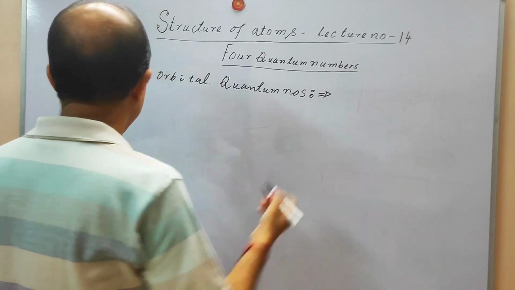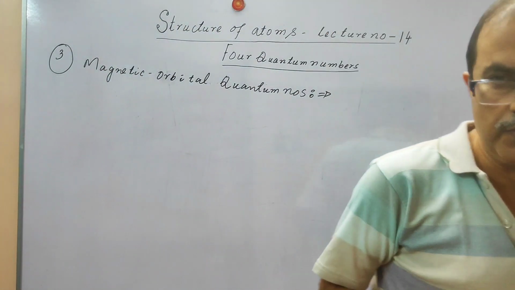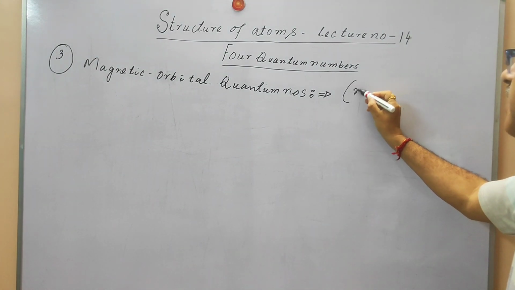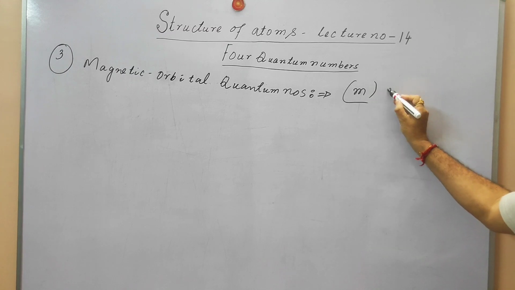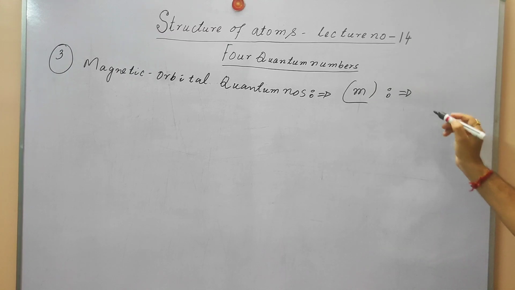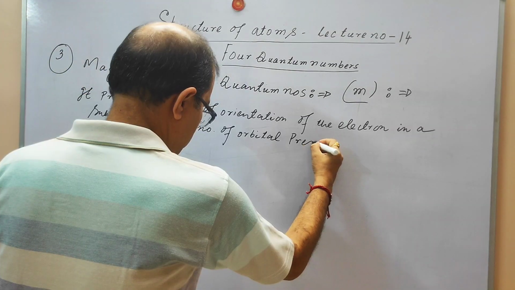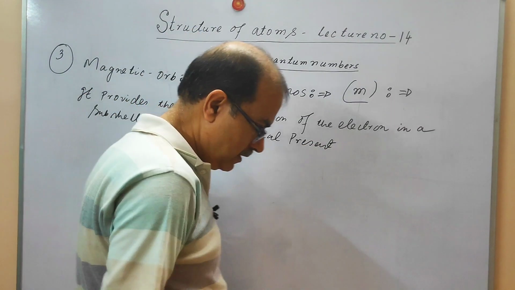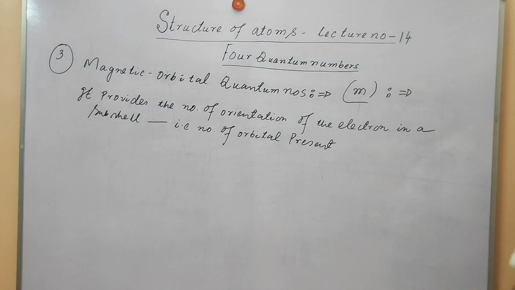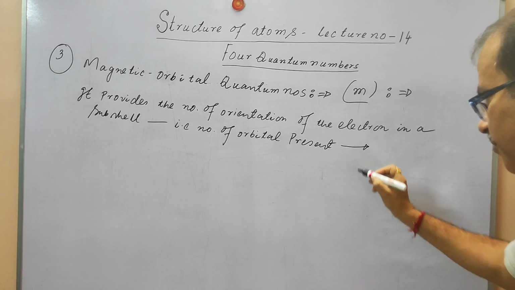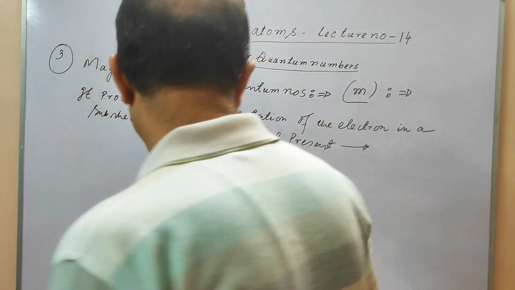This is the third quantum number that we are going to discuss, the magnetic orbital quantum number, and this is represented by a small m. What does it signify? It signifies the number of orientations of the electron in a subshell, that is the number of orbitals present, and this is given for a particular value of l.